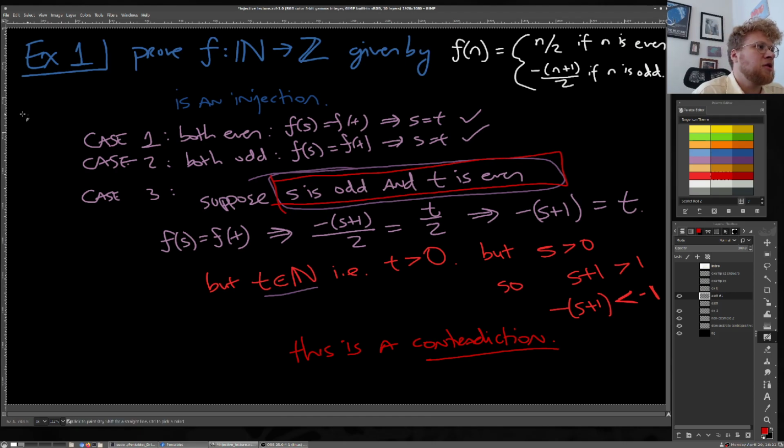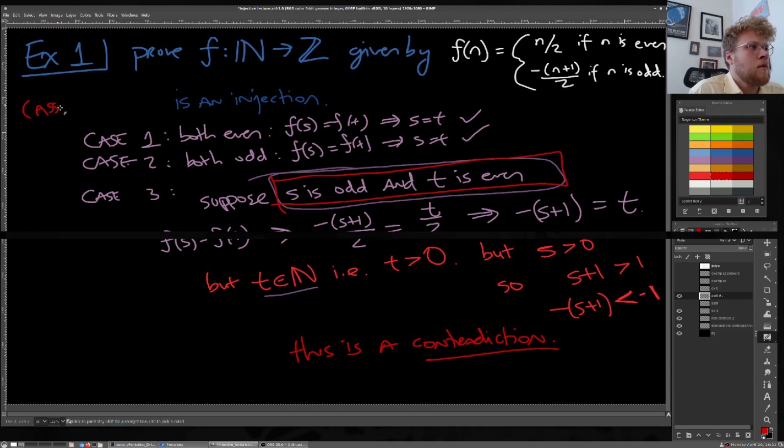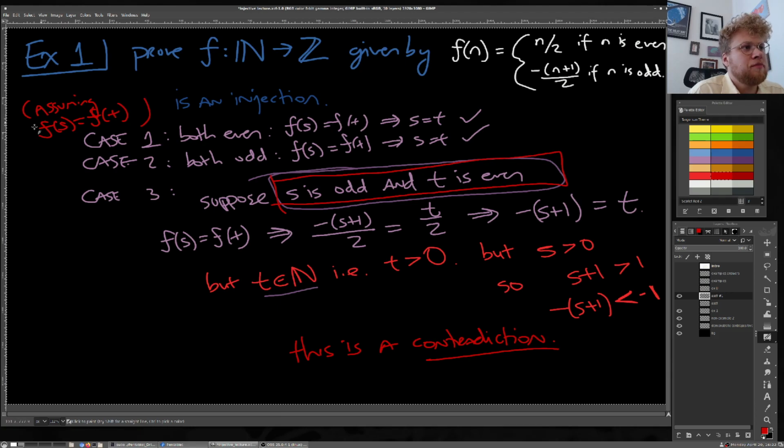Since we assumed, first of all, that was true, then we said, okay, let's go through the cases and say what s and t could be. This one is impossible. So f of s will never equal f of t when this statement's true. So again, this doesn't mean that our proof for injectivity fails. It just means case 3 is not possible.